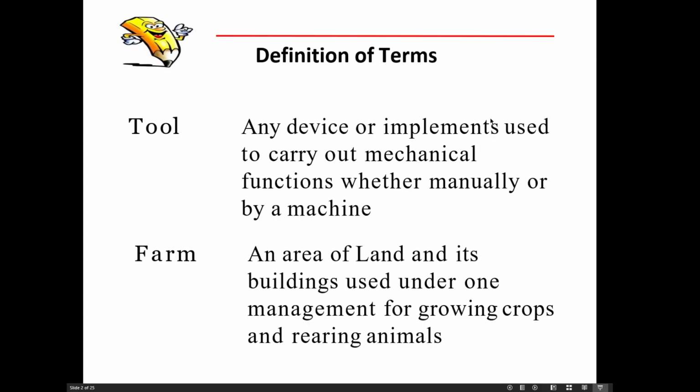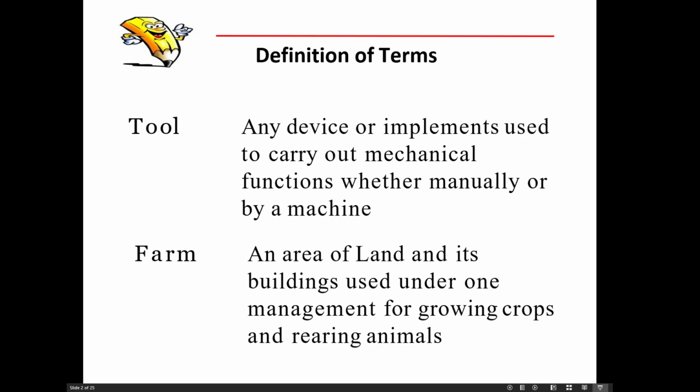Okay, so let's start. In the definition of terms, a tool is any device or implement used to carry out a mechanical function, whether manually or by machine. So ang tool daw, it carries out a mechanical function. But mechanical kasi mostly sa mga tools is gawa sa bakal.